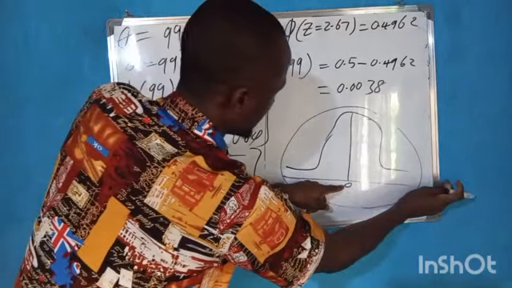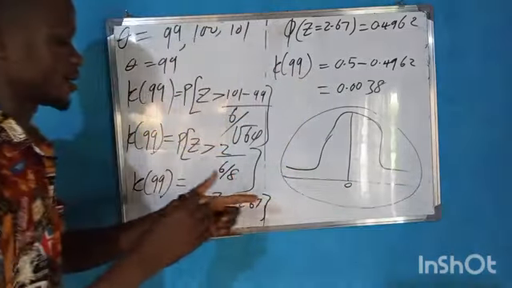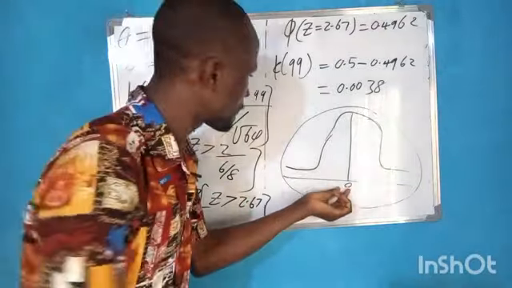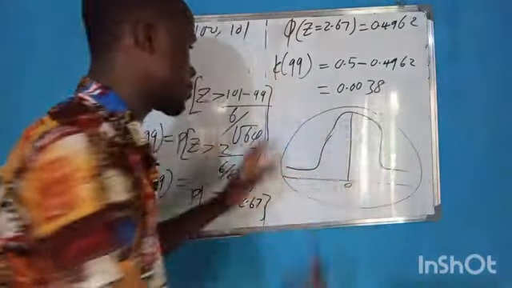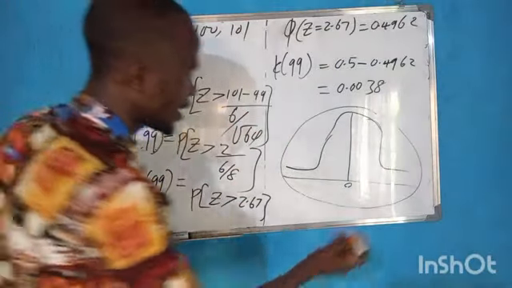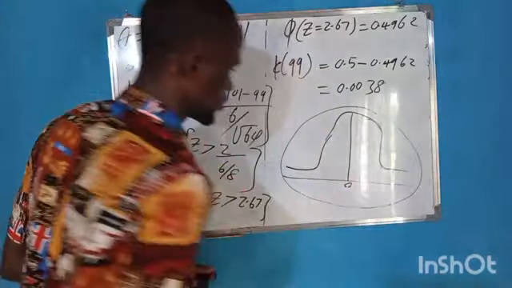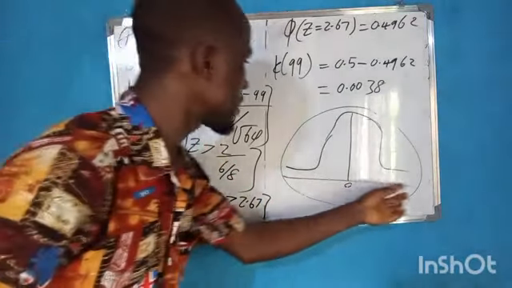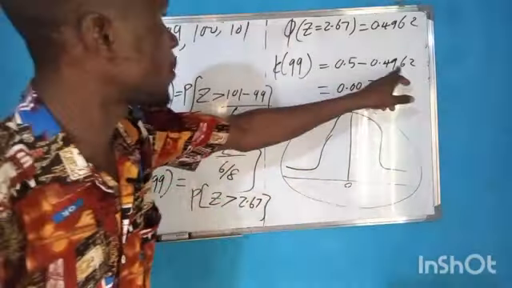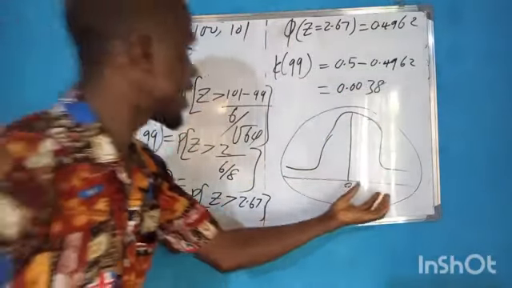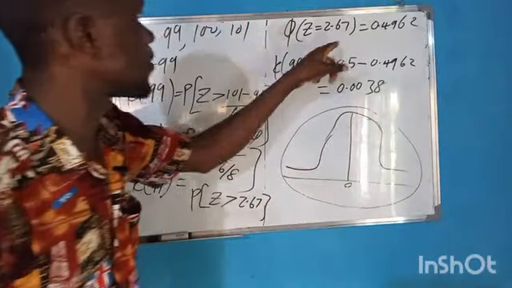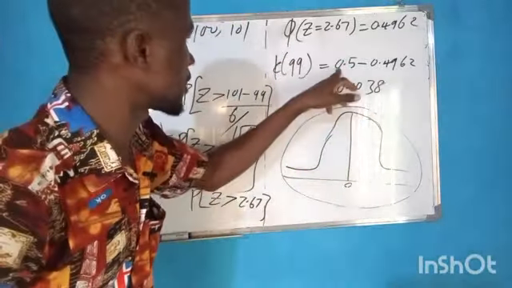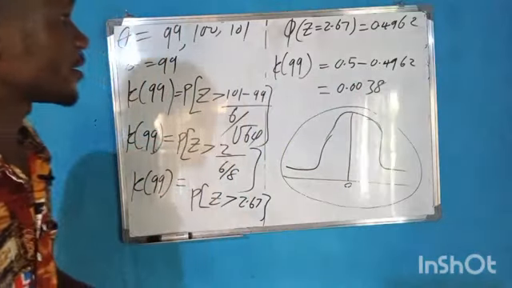From here it is 0, and we are finding to this direction. The total area under the curve is 1, which means from here to this place is 0.5, and from here to here is 0.5. From here to here we have found it to be 0.49. So to get the actual area for 2.67, you subtract it from 0.5.